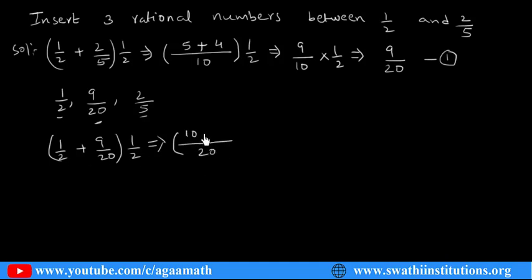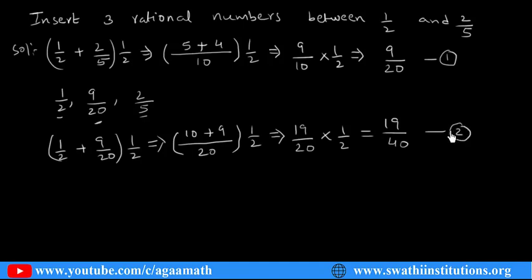So 2 times 10 plus 20 1 times 1 into 9 is 9, of 1/2. So it is 19/20 into 1/2, right? So it is nothing but 19/40. So this is the second rational number we got, right?